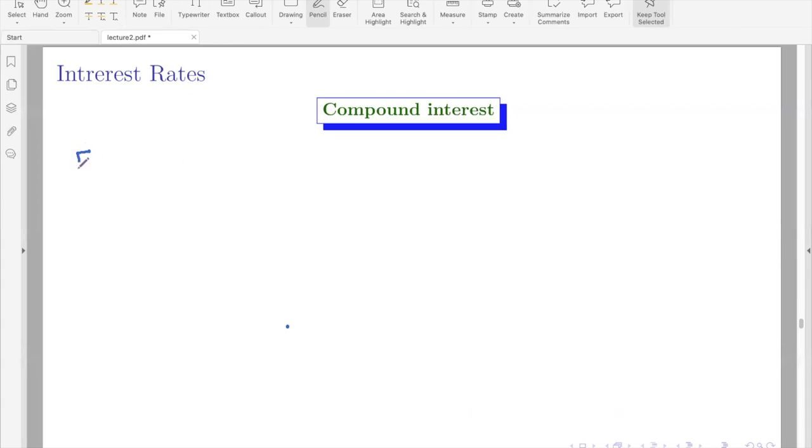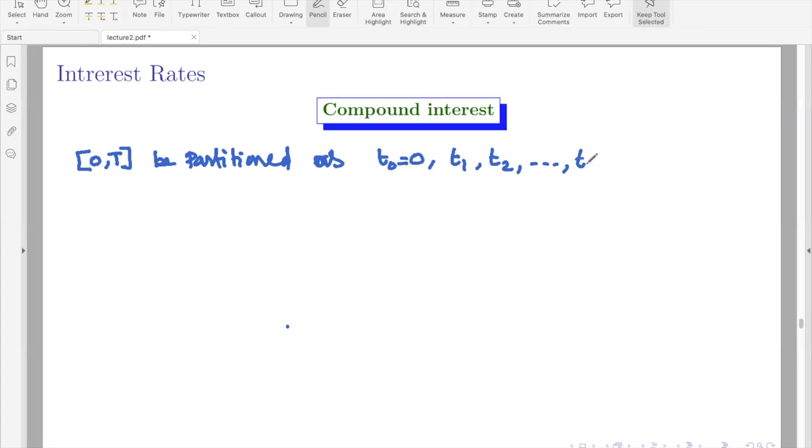Let the investment period 0 to T be partitioned as t0, which is 0, t1, t2, and so on till tn, which is equal to capital T. The interest rate be given by R and the principal be denoted by P0.